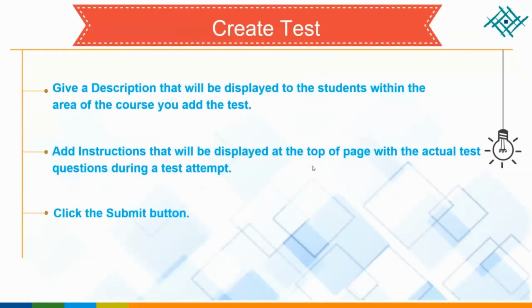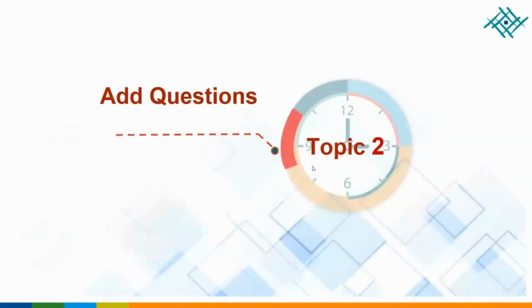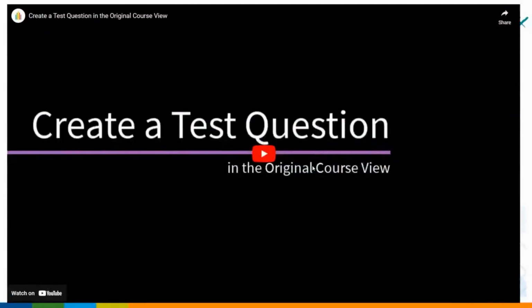Click on Submit. This is already done now. Let's move to the second step, which is to add questions to our test or exam. Let's watch this video together, how to create a test question.